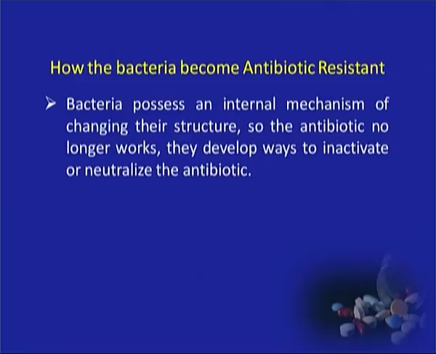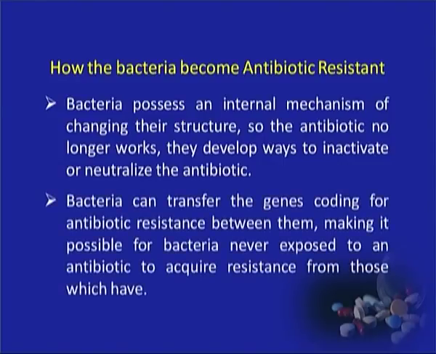Let us discuss how bacteria become antibiotic resistant. First, bacteria possess an internal mechanism of changing their structure so the antibiotic no longer works; they develop a way to inactivate or neutralize the antibiotic. Second, bacteria can transfer the genes coding for antibiotic resistance between them, making it possible for bacteria never exposed to an antibiotic to acquire resistance from those which have.